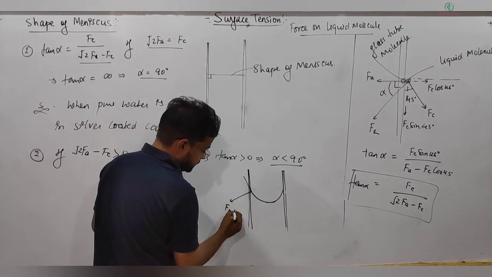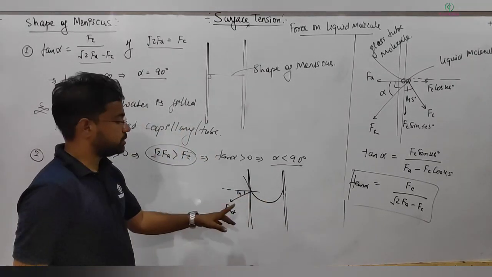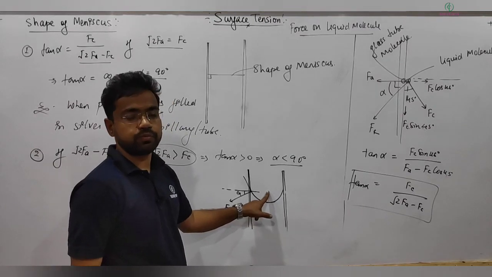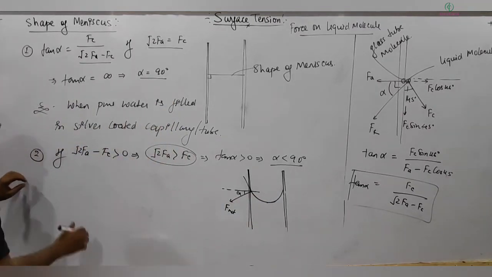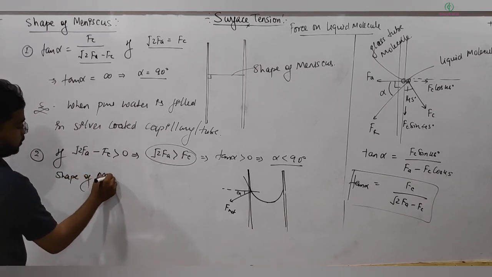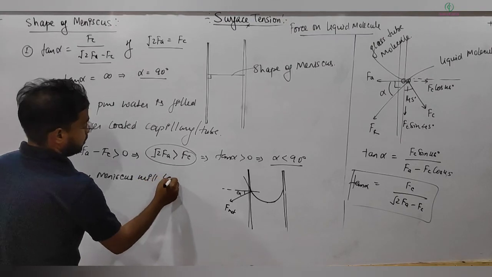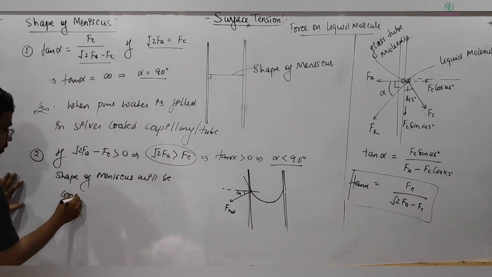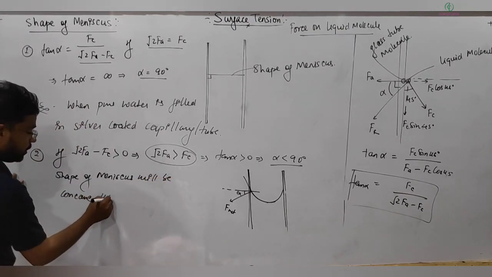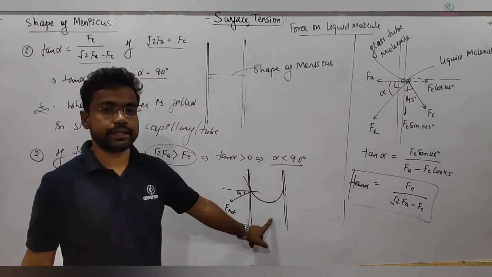This is F net, this will be alpha, so it will be concave upward, right? So the shape of meniscus will be concave upward, and it will be like this.